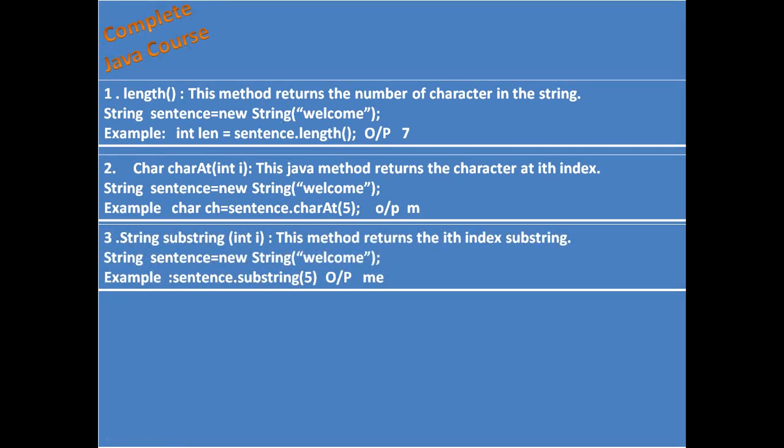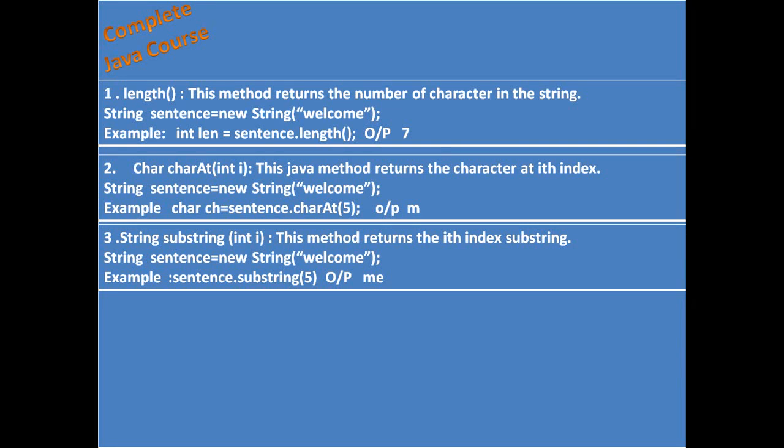Next is the string substring method, passing an integer value. This method returns the substring from the ith index. Suppose you pass 5, then starting from the 5th index, including the 5th index, all the elements after it will be printed.